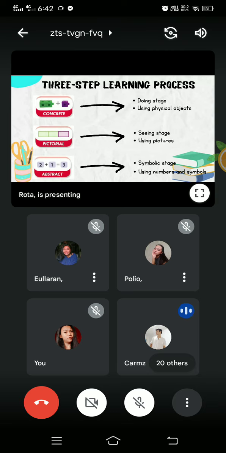So you'll be using numbers and symbols that represent quantities, and also symbols that represent mathematical situations. This is very effective and essential in kindergarten, especially in early childhood education.